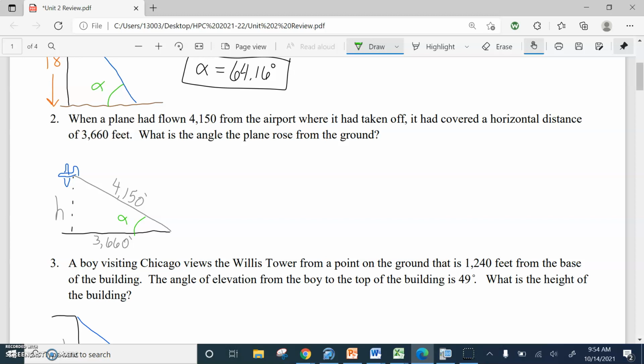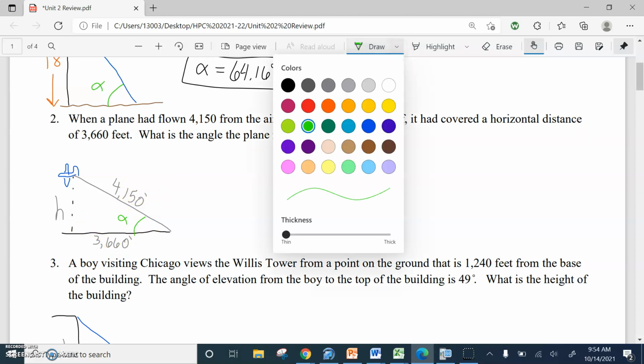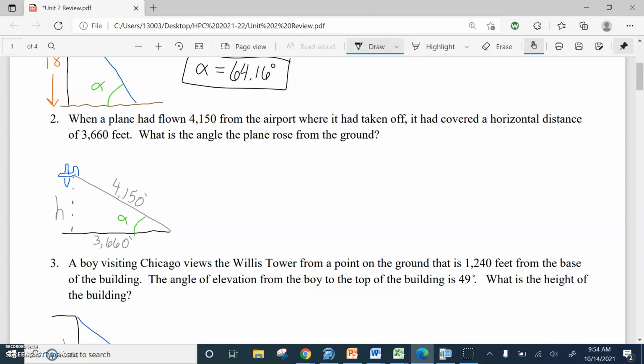H we don't know, but we also don't need that information for the problem. Here we have an angle. This time we don't have the opposite and the hypotenuse. We have the adjacent side, the side next to the angle, as well as the hypotenuse. So we're going to use cosine of alpha.